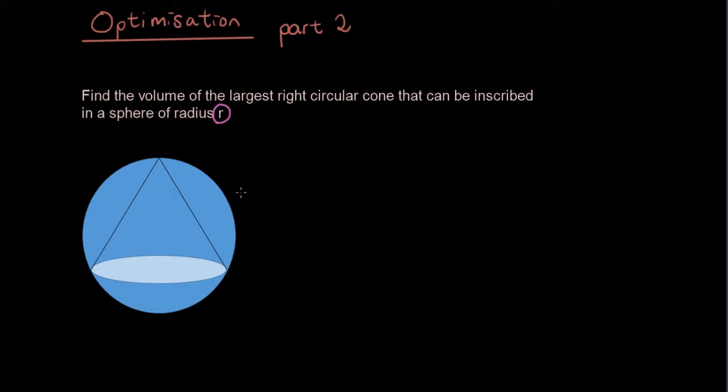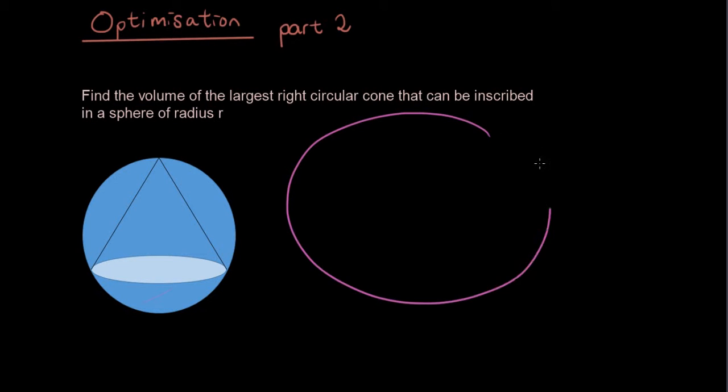It is a constant because what we're trying to change here is not the size of the sphere. It doesn't matter if the sphere is this big or if the sphere is this big. What we're trying to change here is the height of the cone inside the sphere.